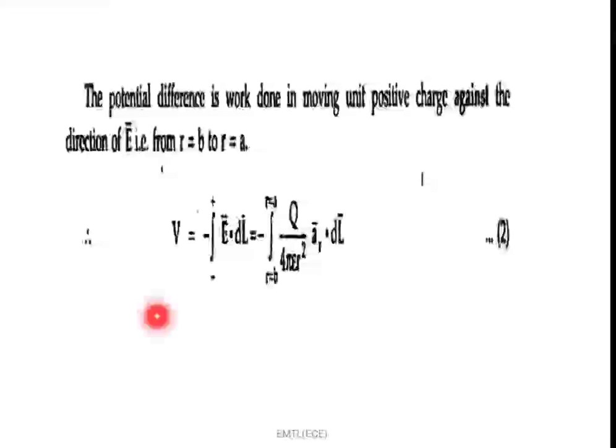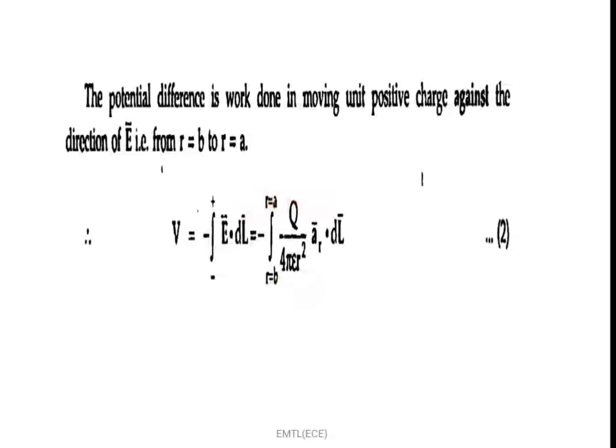The relation between potential difference and E is V equals minus integral of E bar dot dl, with limits r equals B to r equals A.